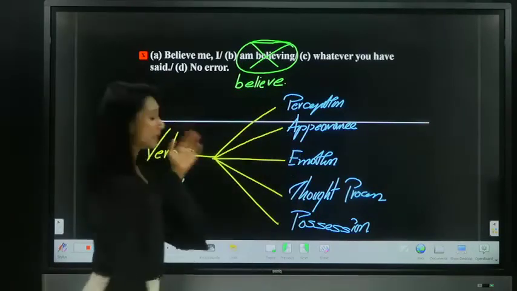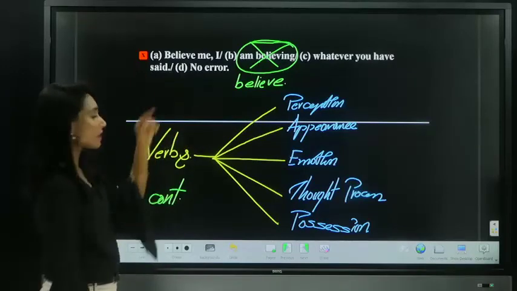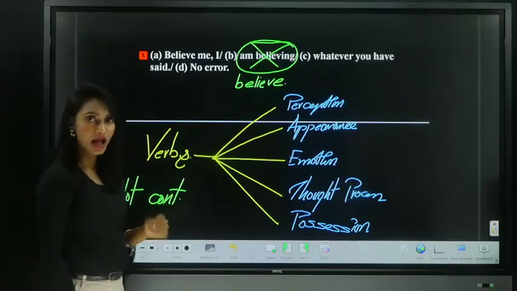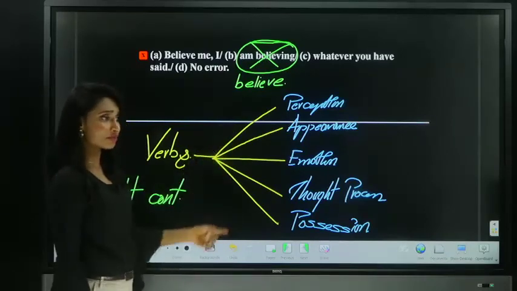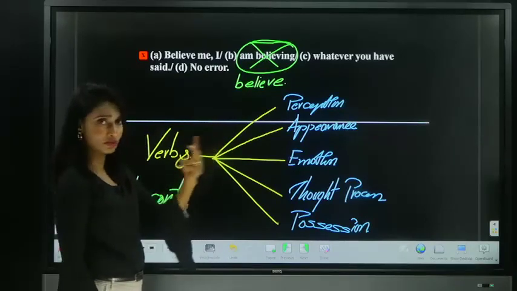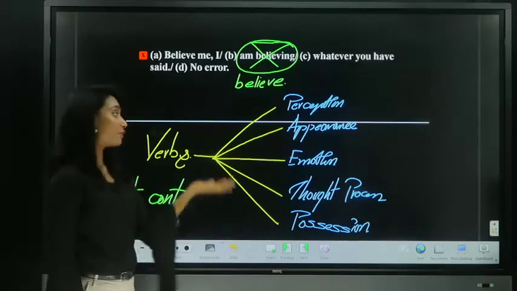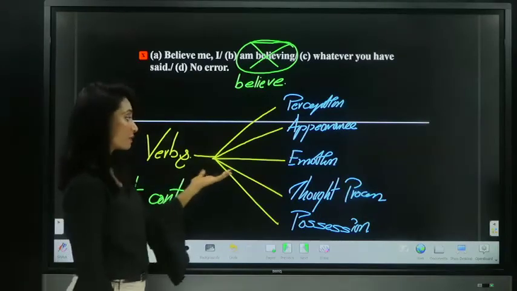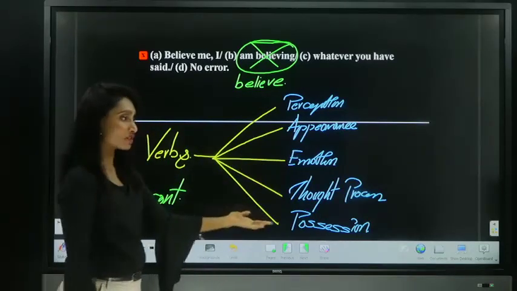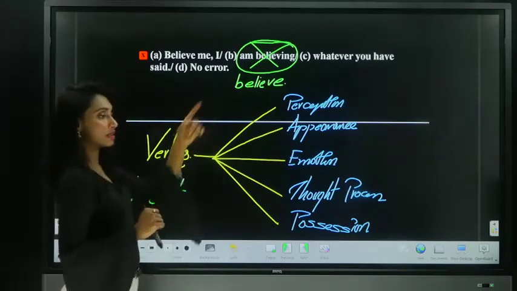Believe me, I believe whatever you have said. So remember these five types of verbs. Do not forget, guys. Verbs of perception, all senses. Verbs of appearance: appear, look, seem. Verbs of emotion, connected with emotion: want, prefer, like, love, etc. Verbs of thought process and verbs of possession, ownership, cannot be used in continuous. So that should be the correction.